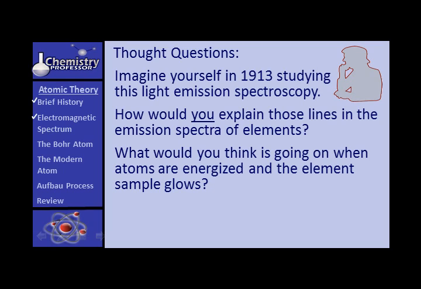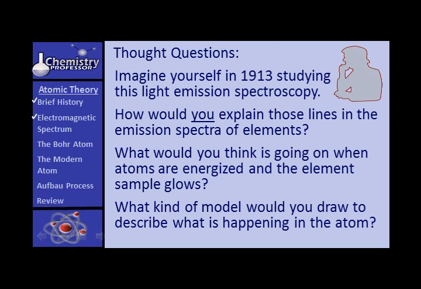What would you think is going on when atoms are energized and the element sample will glow and emit light, but light only of certain very specific wavelengths? What conclusions would you draw as to what's going on in the atom? And what does this have to say about what the atom is?